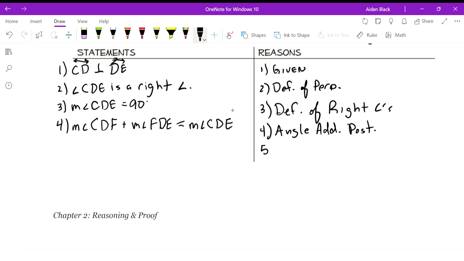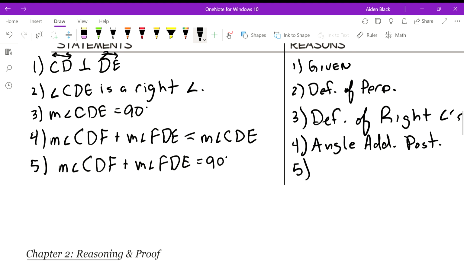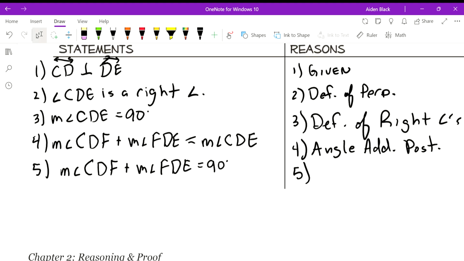Now I want you to guess what my next reason is for the statement I'm making here. I'll just copy this. Okay, what allows me to make this statement?